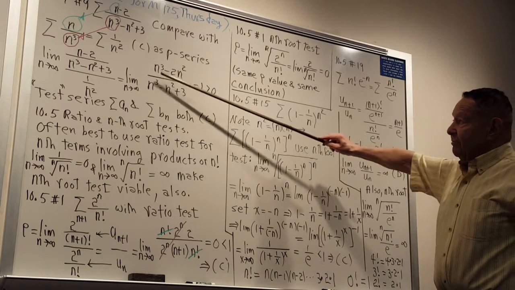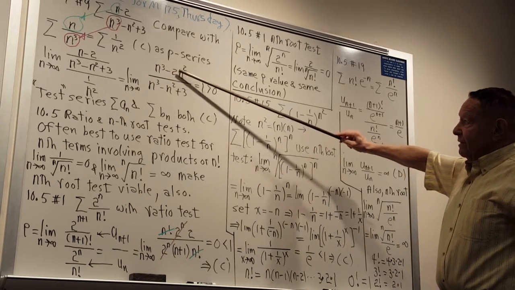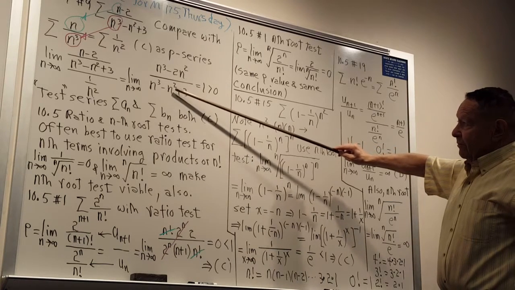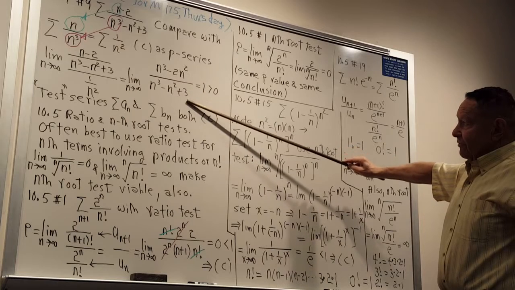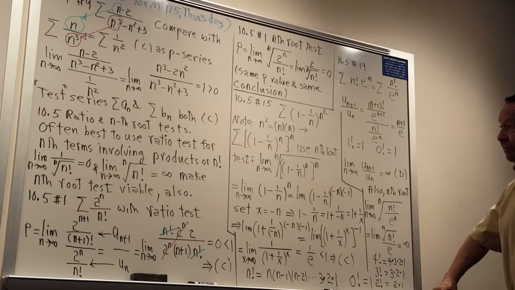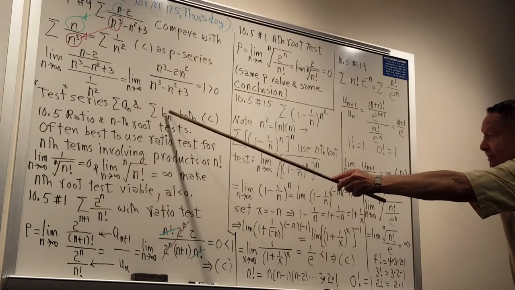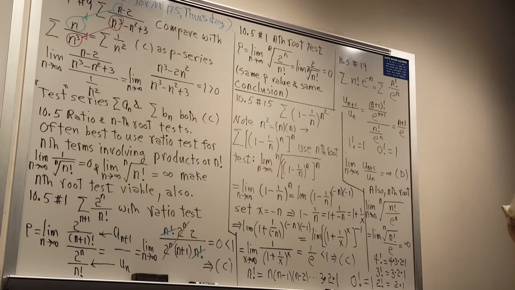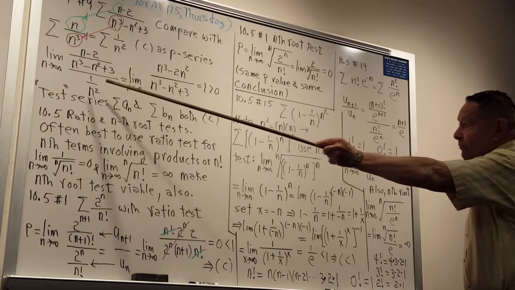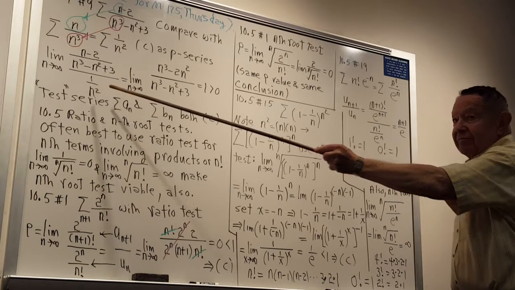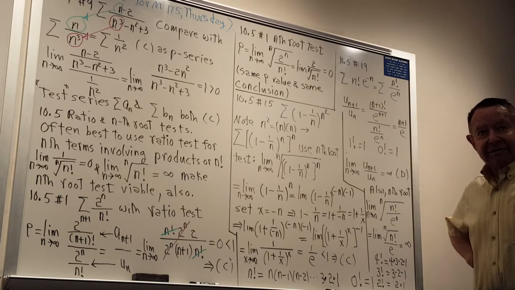So if you divided by n cubed, you'd have 1, then 2 over n, 1, 1 over n, and 3 over n cubed, and you'd have 1. So the test series and the comparison series both converge, because the 1 over n squared, that is your comparison series, converges.